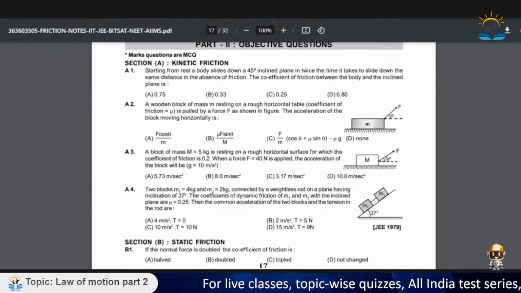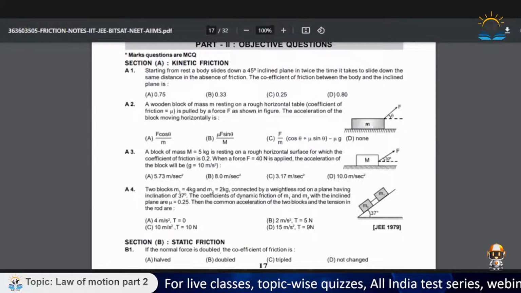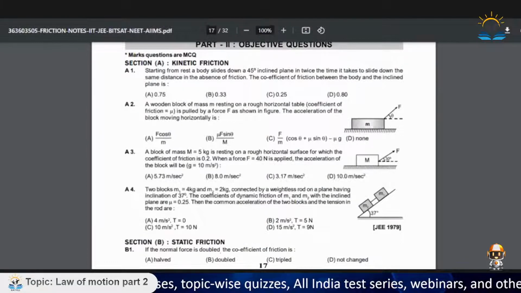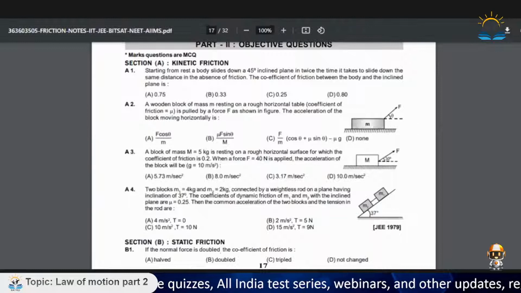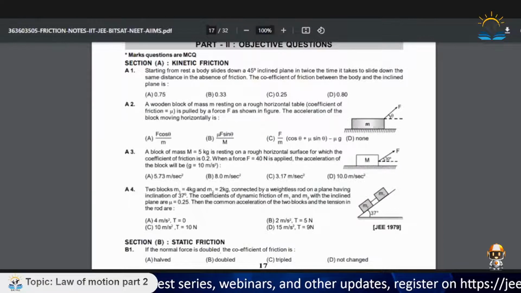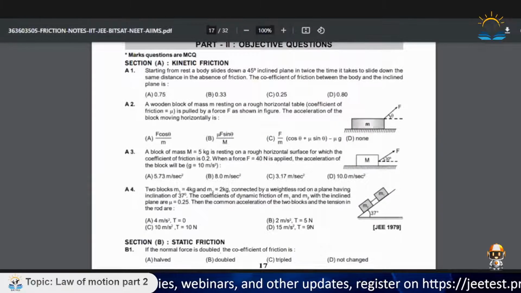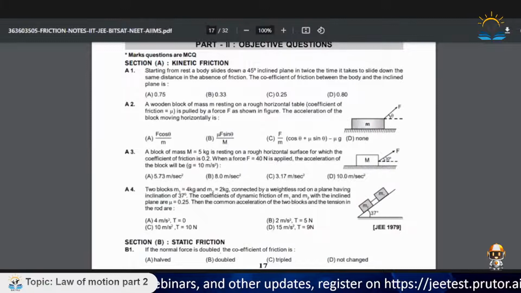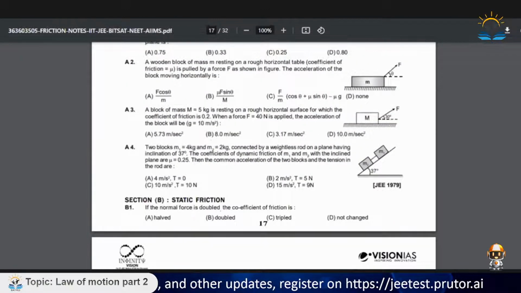So mu comes out to be root 2 into 1 minus 1 by 4. Basically, mu comes out to be root 2 into 3 by 4. So 1.414 into 0.75. That basically comes out to be approximately 0.80. So here the value of kinetic friction is 0.80.